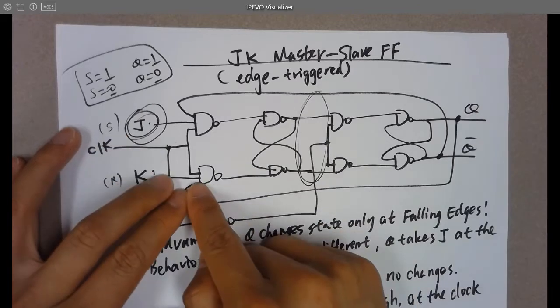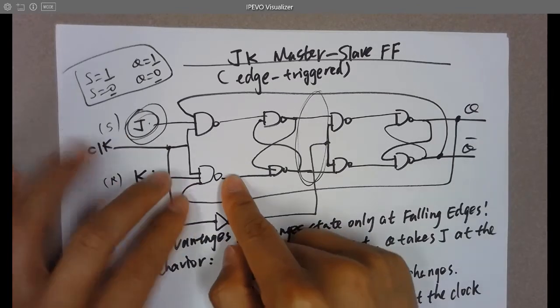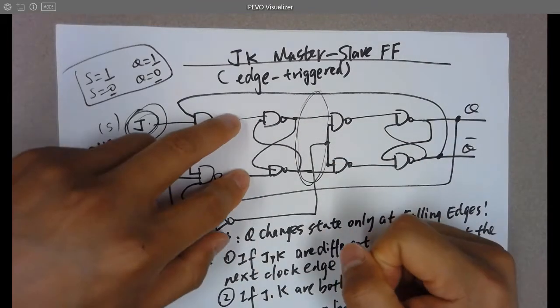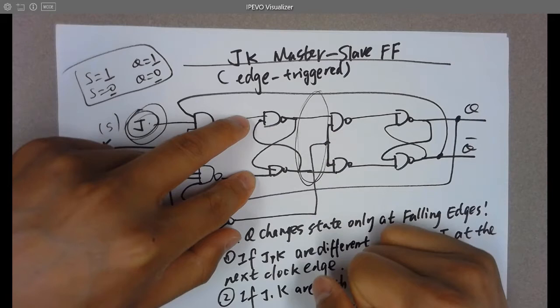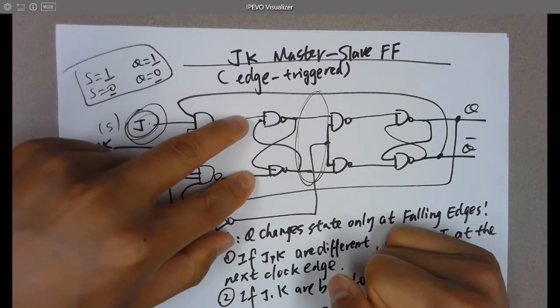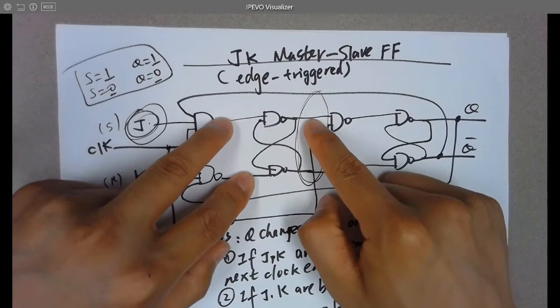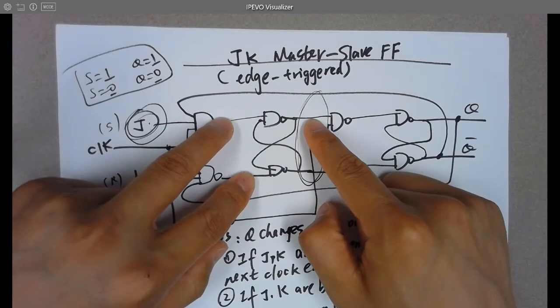So 1 and 1 and 1, you get 0. And here you have a 0, you have a 1. So 1, 0 here is R. So you are resetting the result here. Finally, what you are going to get is 0.